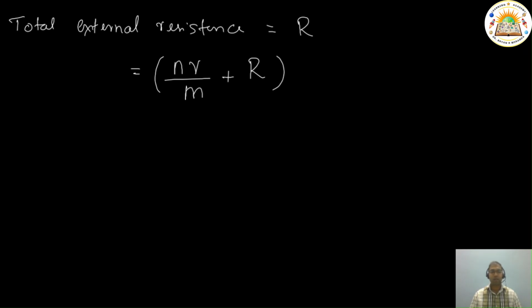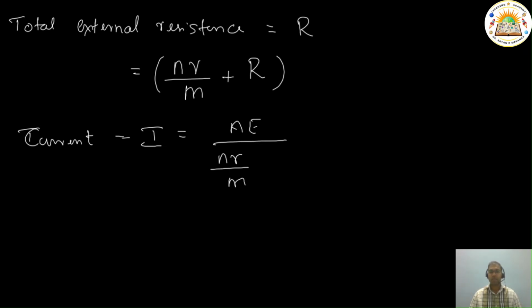So now we can calculate the current. According to Ohm's law, I is equal to V by R, but in this case we can write it as n times E divided by nr by m plus capital R.